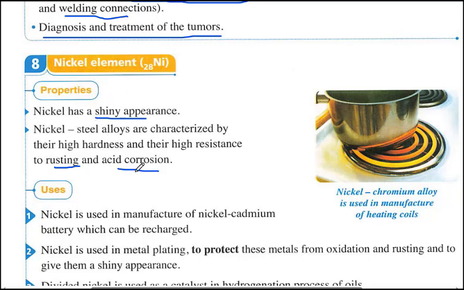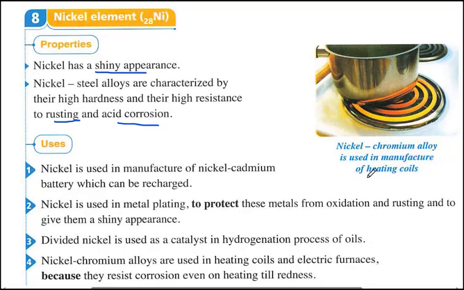Also it can protect other metals against corrosion and rusting. It also resists corrosion at high temperature. So nickel-chromium alloy is used in the manufacture of heating coils and electric furnaces, as they maintain their good state even at high temperature.